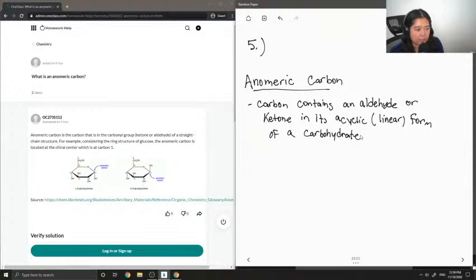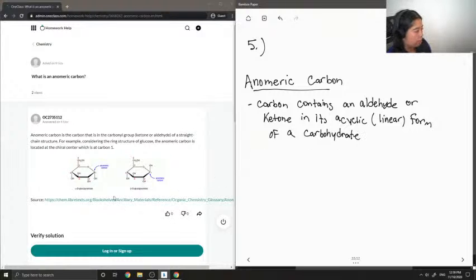And your anomeric carbon is the one that contains your aldehyde or ketone. So when it is converted to its cyclic form, then the double bonded oxygen is just converted to an alcohol.